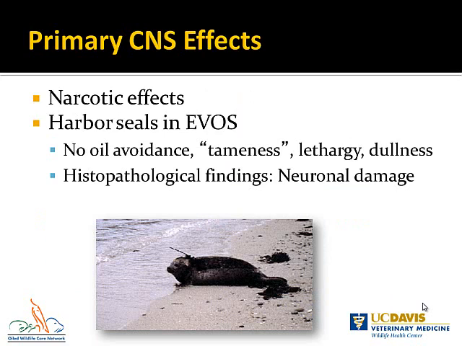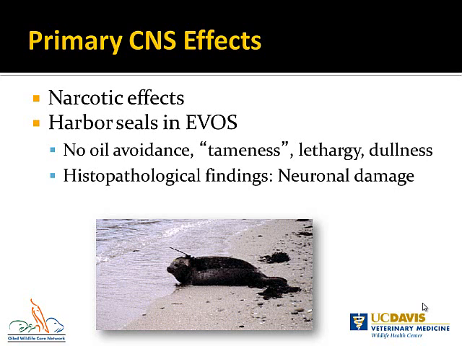Okay, we also find that petroleum products can have central nervous system effects, especially in marine mammals. So harbor seals that were affected during the Exxon Valdez oil spill, such as this guy here, there were reports that they were tame, that they just sat on the beaches, that they were lethargic, and it wasn't that they were just tired or hanging out on the beach.